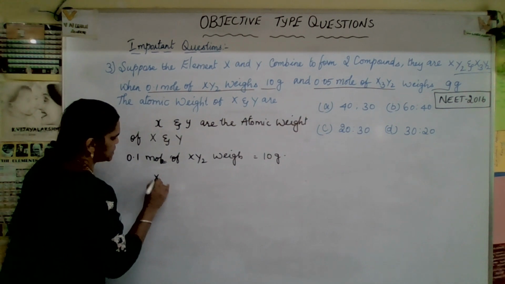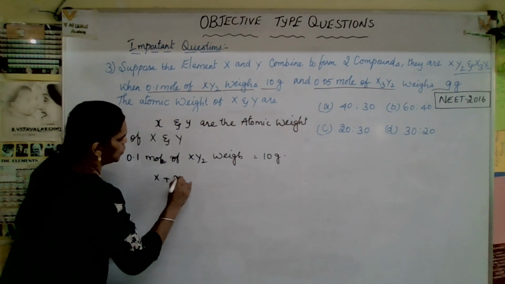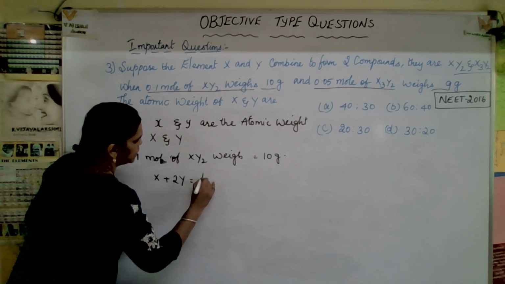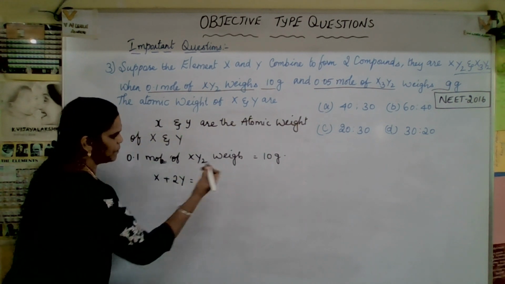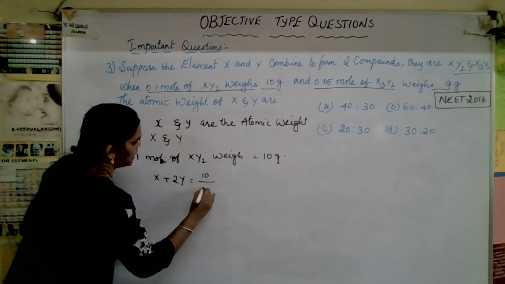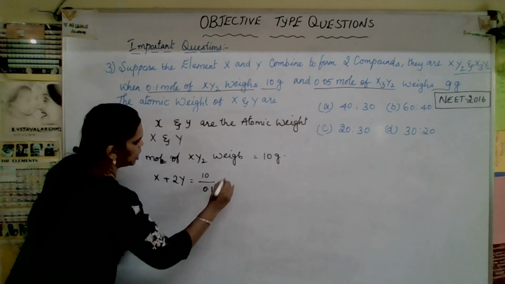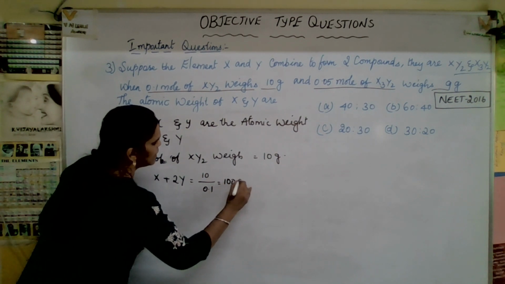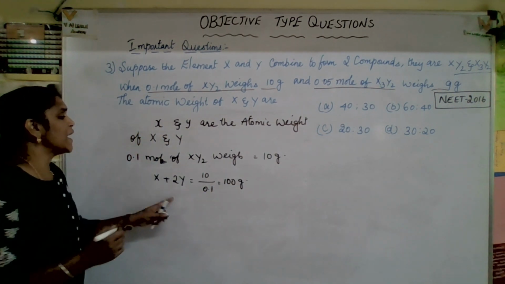Now x plus 2y equal to 10 divided by 0.1, equal to how much? 100 gram. That is combined together.